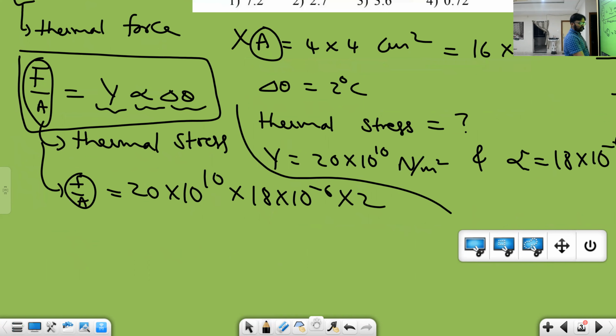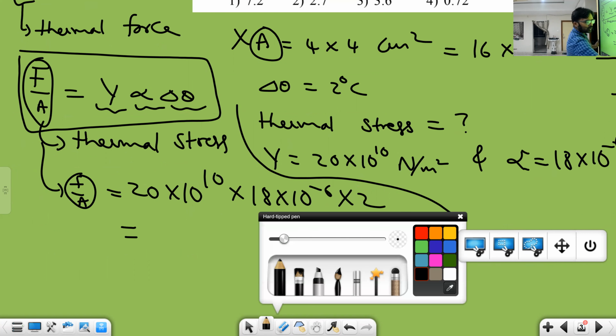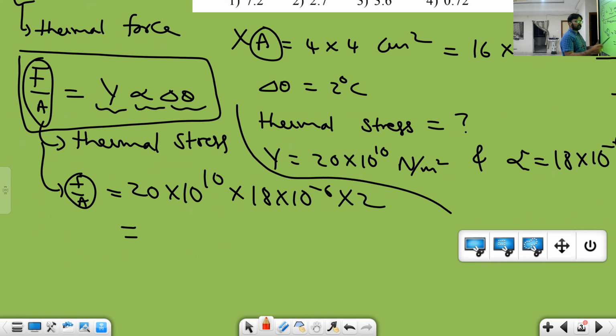So from this information, what should I write here? 20 into 10 power 10, 18 twos are 36, 36 twos are 72. So 72 into 10 power 11 minus 6. 11 minus 6 means how much will we get, beta? 10 power 5.